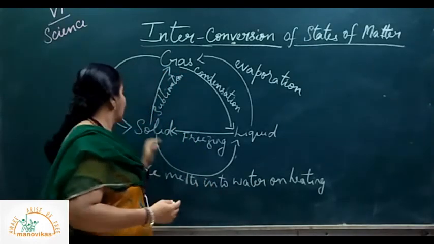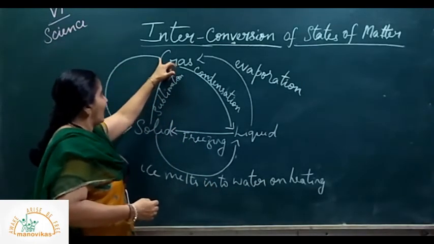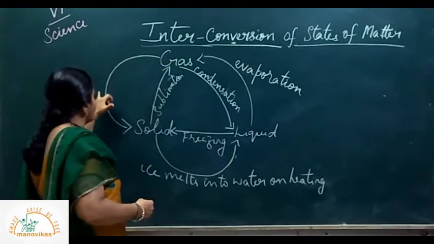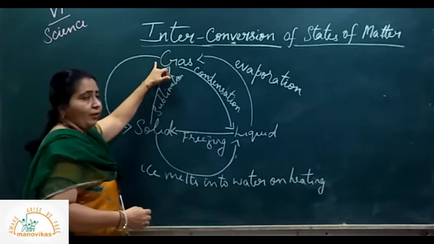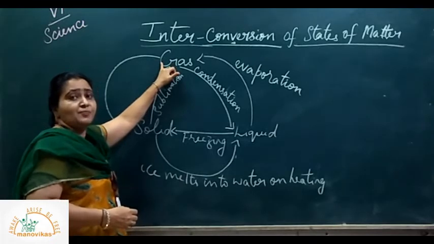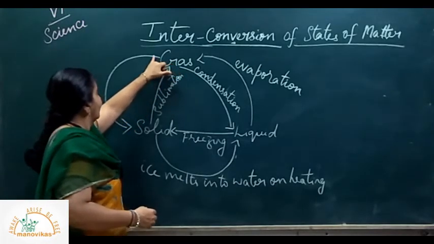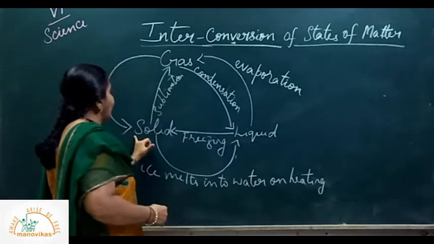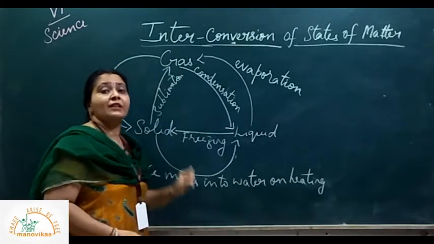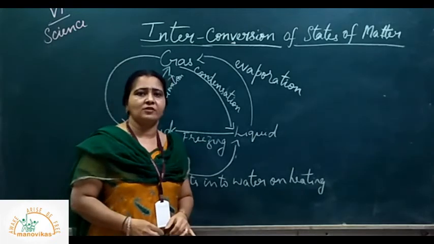Now next, let us see the one from gas. Gas means it will be in the form of vapor, right? So the vapor gets converted back into solid without passing through the liquid state.